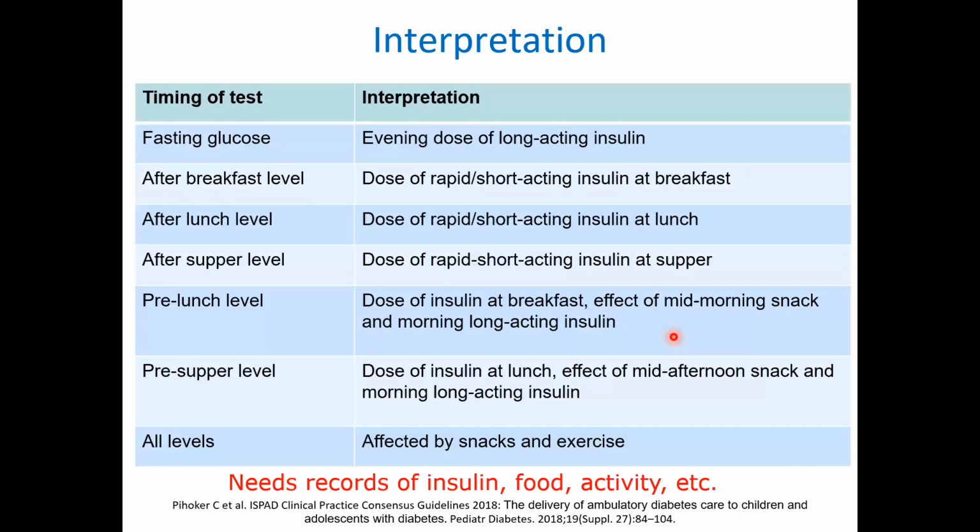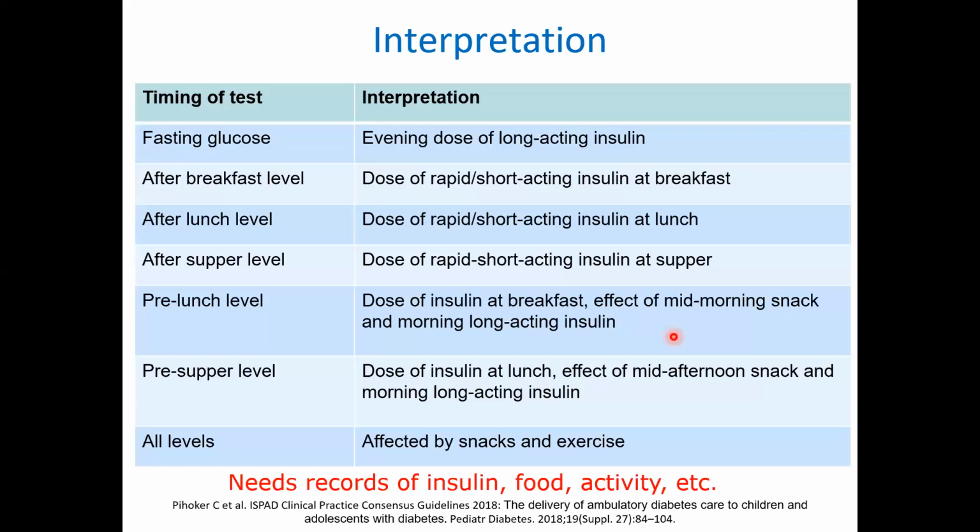The fasting blood glucose level is basically a reflection of the basal insulin. So if your fasting blood glucose levels are high, then it's probably advisable to adjust your basal insulin, your long-acting insulin, or intermediate-acting insulin like NPH, for example, if it's being given in the evening.